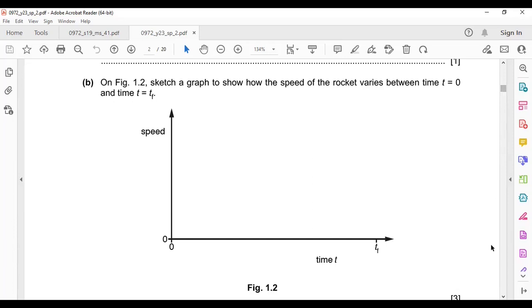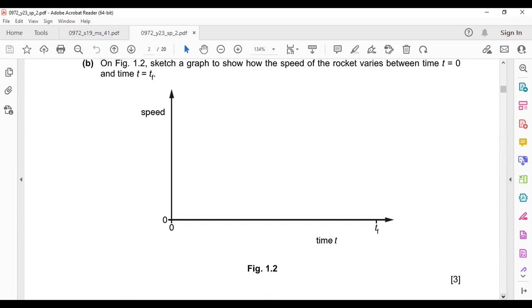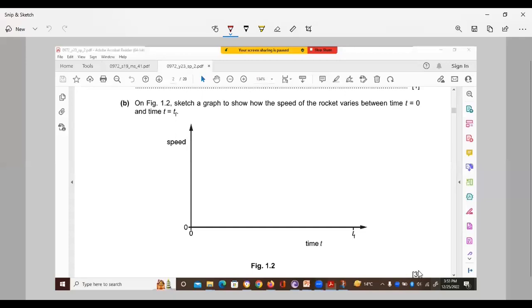They already have given us the axes, speed axis and time axis, and we have to sketch a graph over here. As in the previous question, I told you that there are two lines: one line represents the increasing graph and the second line represents the constant graph. So you have to draw the graph.